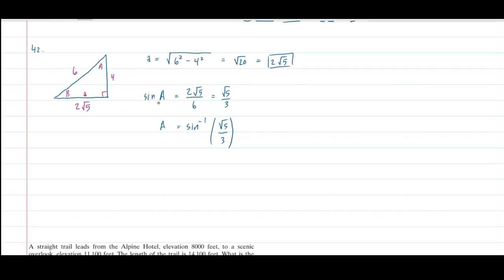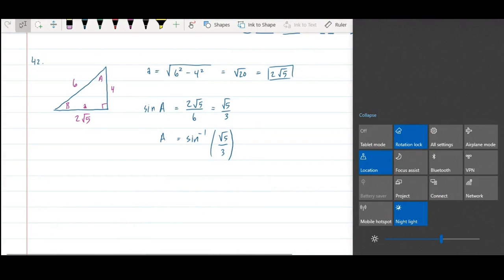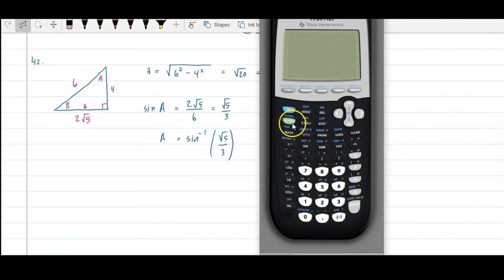Now, just a few things to keep track of when you're doing that. Make sure that your calculator is in degrees and not in radians. Let me check the mode real quick. So it is in degrees.